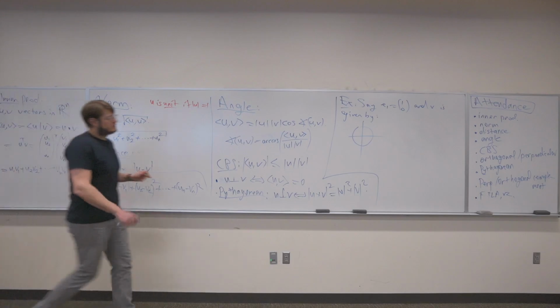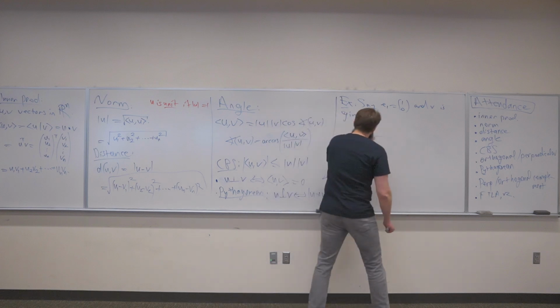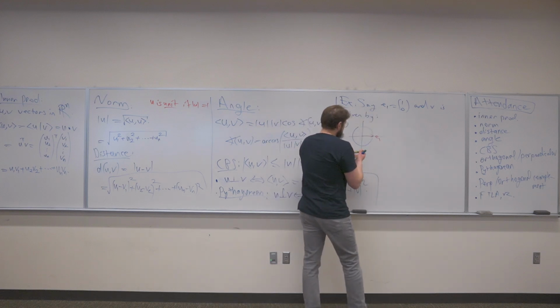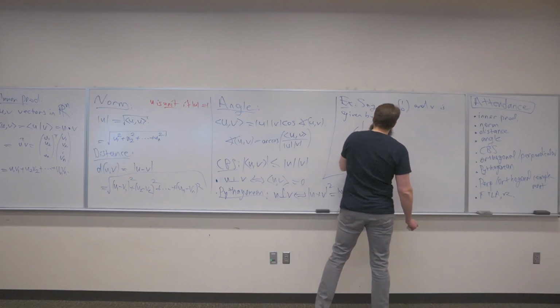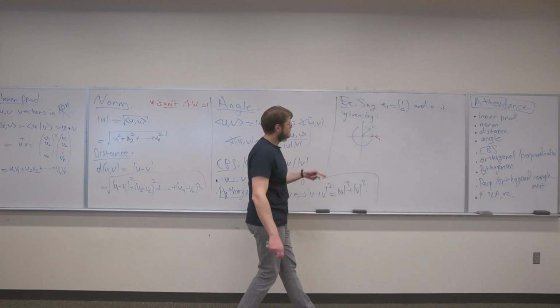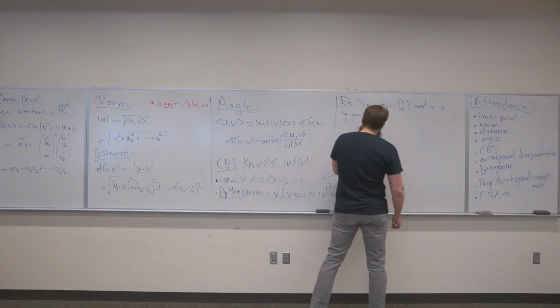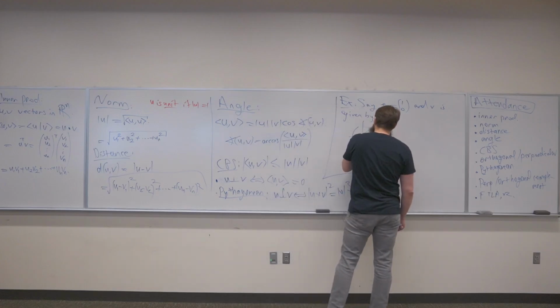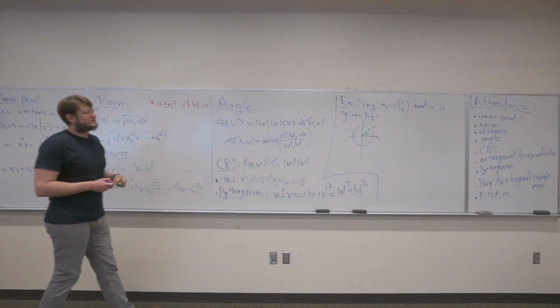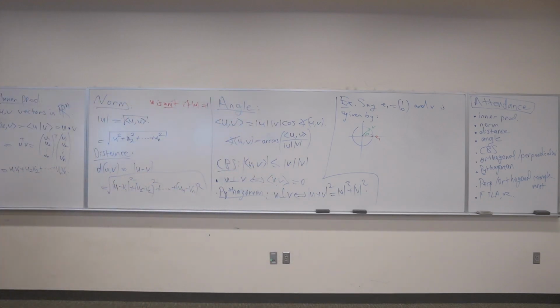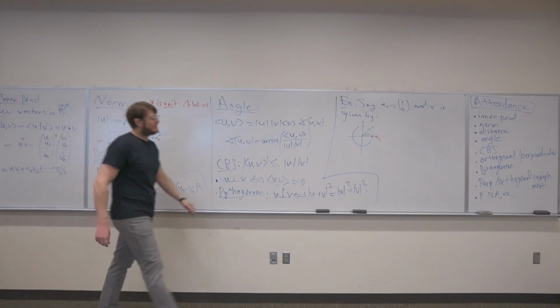Here is E1. And I have another vector here, V. It's again a unit vector. And let's say that this angle here is 30 degrees. The point of this example is to compute the distance between them. So what is d(v, E1)?